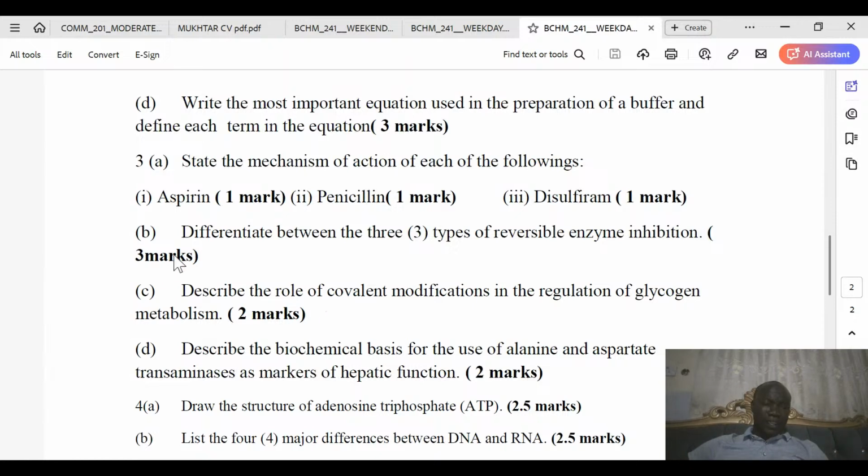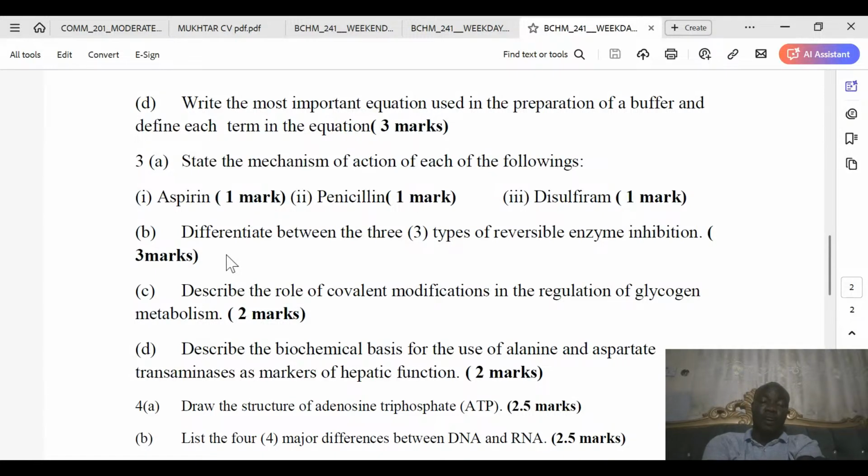So now the next one is: state the mechanism of action of each of the following. Aspirin. So what is the mechanism of action of aspirin? Actually, aspirin is a drug that is used to inhibit an enzyme called cyclooxygenase. Cyclooxygenase is an enzyme that induces headaches and pain.